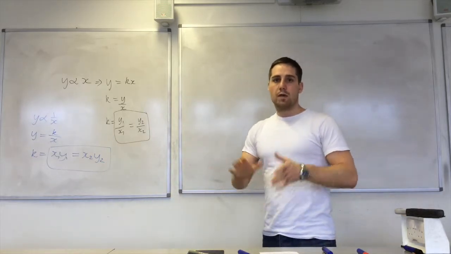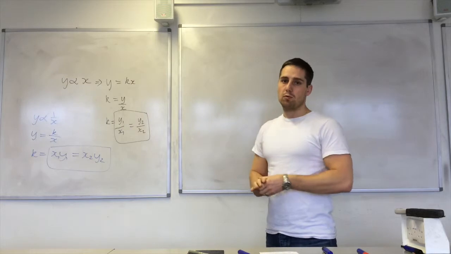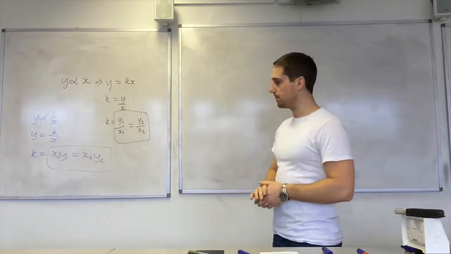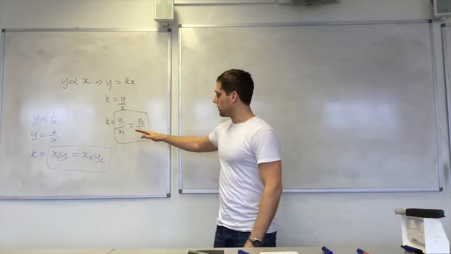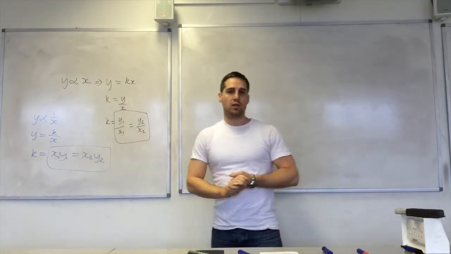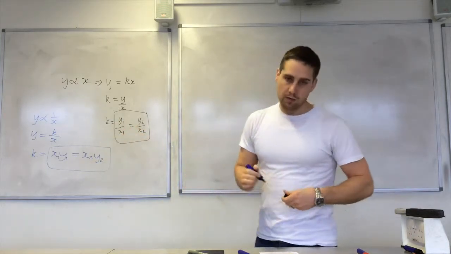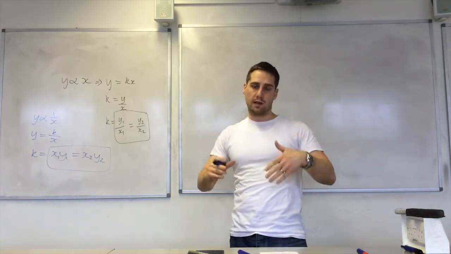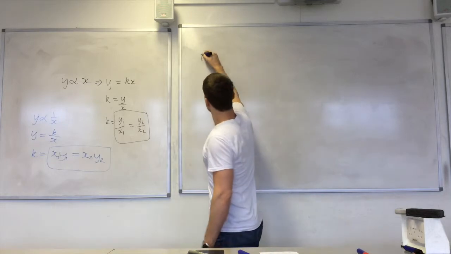From there you can have a direct square proportionality and an inverse square proportionality. In those cases, they're just special cases of those two relationships. So we'll jump straight in now with some physics examples of direct and inverse proportionality.